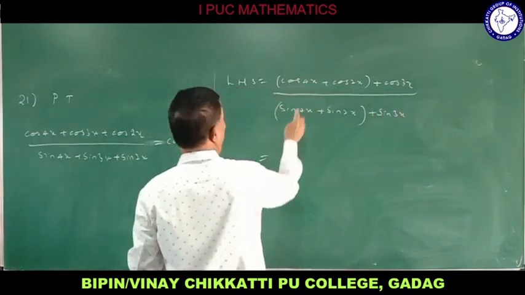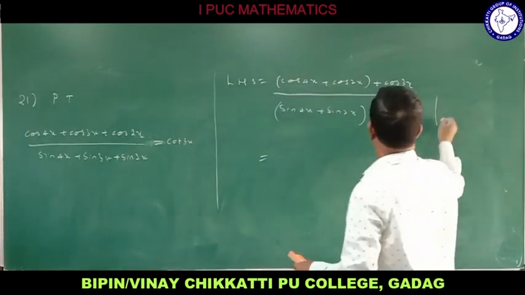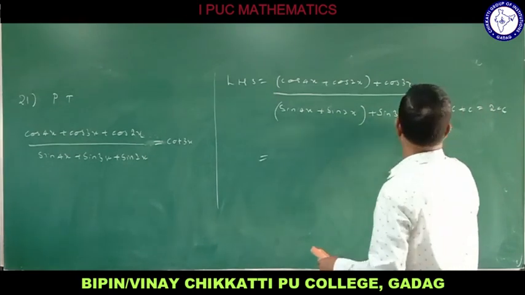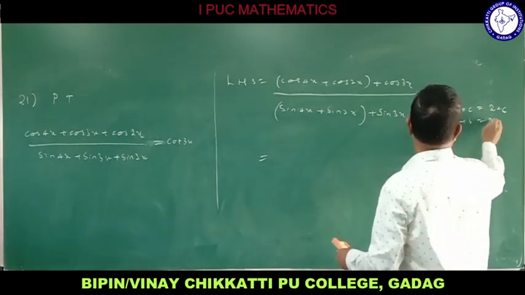So apply the formula: C plus C is 2CC and S plus S is 2SC.